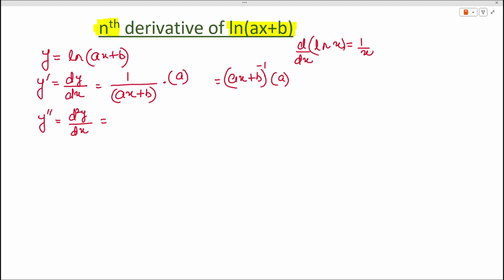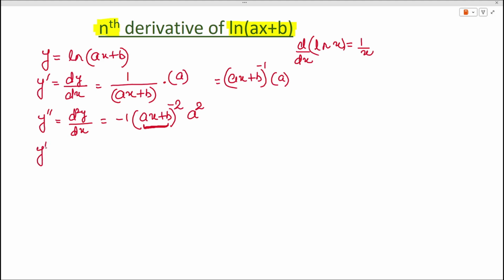For the derivative of this function, we'll use the power rule, which means -1 multiplied by (ax + b) raised to the power -1 minus 1, which gives us -2, multiplied by a, which was already there, and multiplied by the derivative of the function inside. So this is another a in multiplication, which gives us a squared.